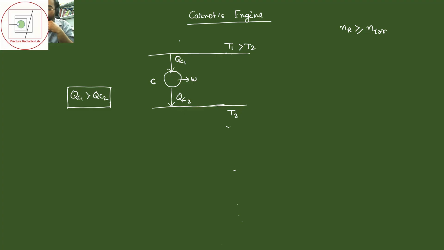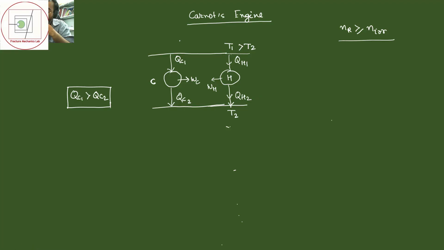So now let us add another hypothetical engine, H. This engine H takes QH1 heat from here, and it gives out QH2 heat, and it also produces work, which is WH, and this is WC. This is what Carnot says, but we will, like we do always, say that the opposite is true, and then we will see that it is not true, and hence proved.